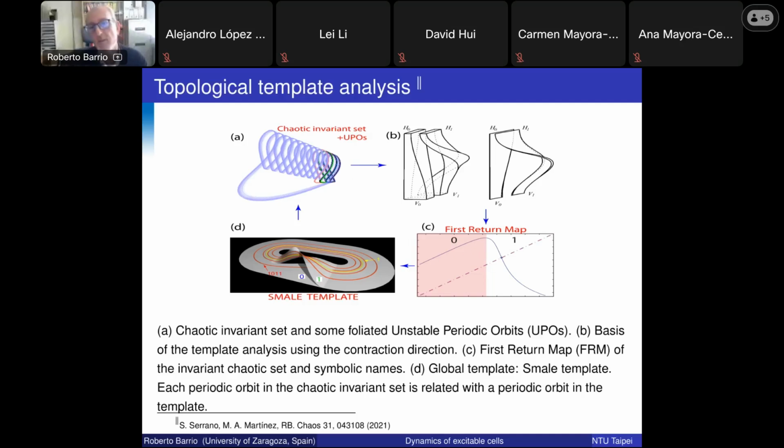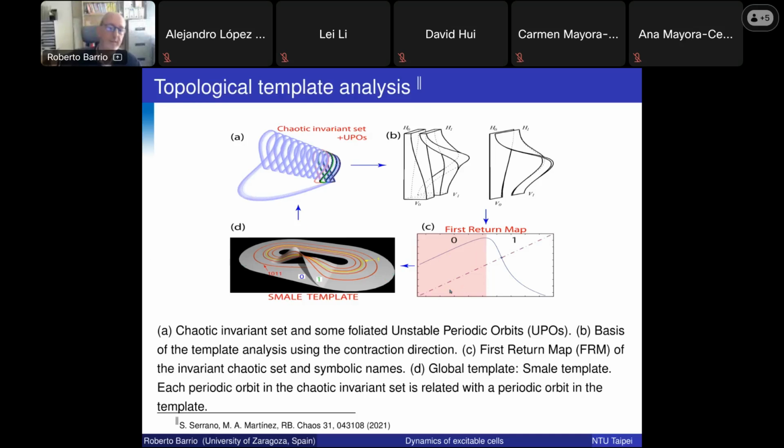And with this, and constructing the unstable periodic orbits for the attractor, you can construct what is called the topological template. The topological template is like a 2D branched manifold that has the same information as the 3D attractor, but this is a 2D template.